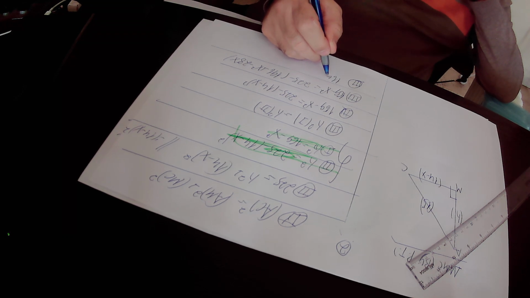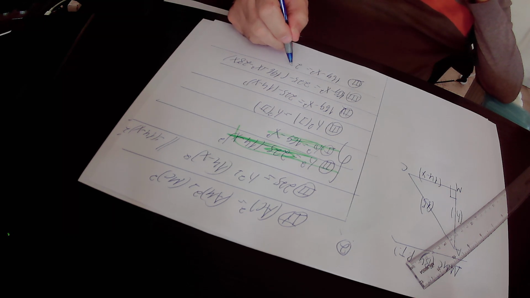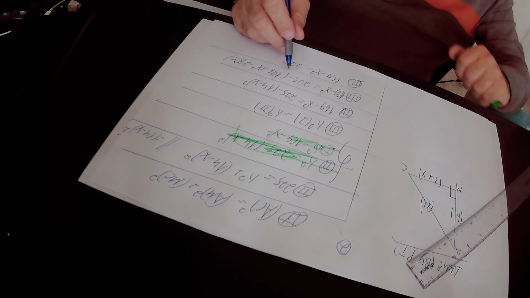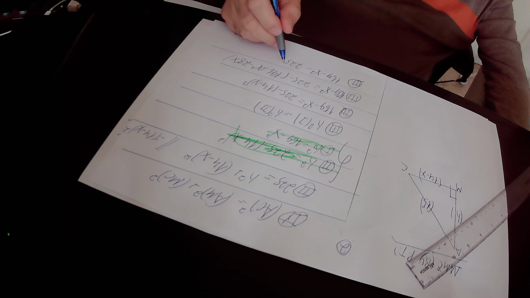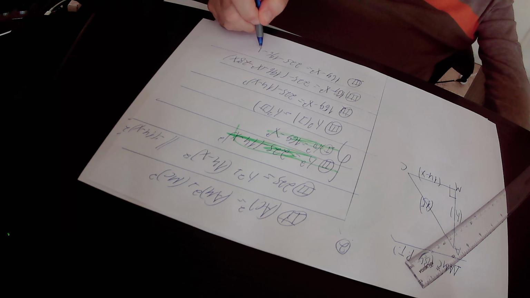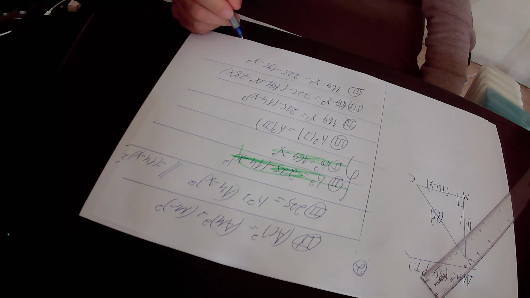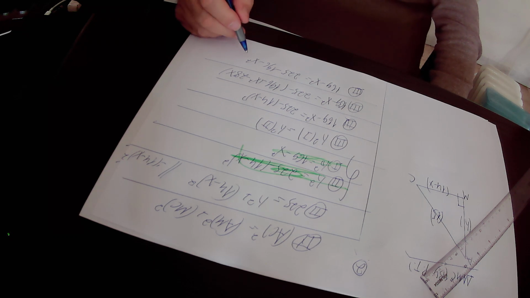So 169 minus x squared equals 225 minus (196 minus x squared)... We'll open the brackets here. We have minus before the bracket, so here we get minus 196 minus x squared, minus and minus is plus, so it is plus 28x.